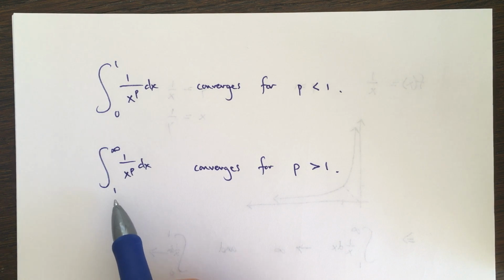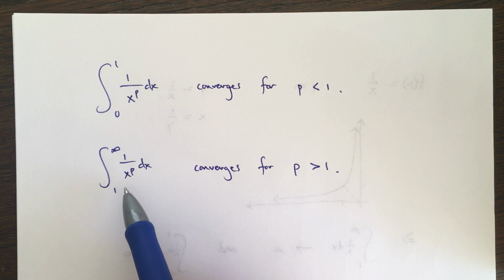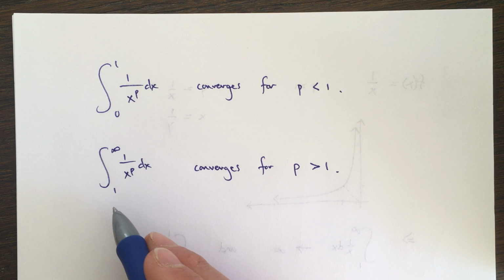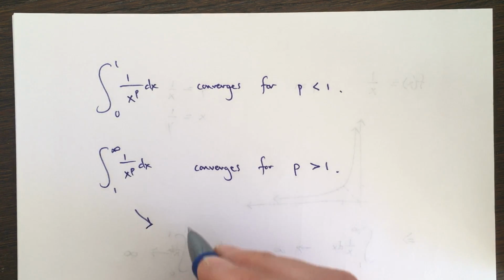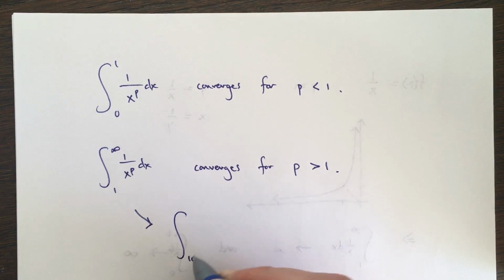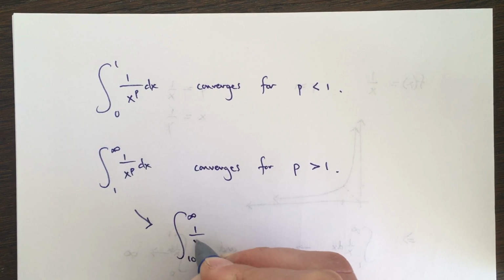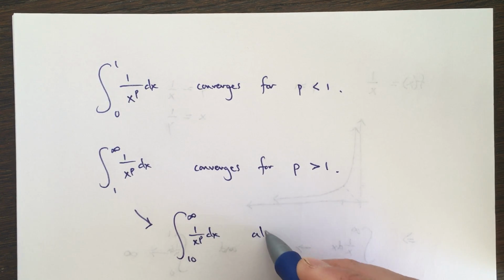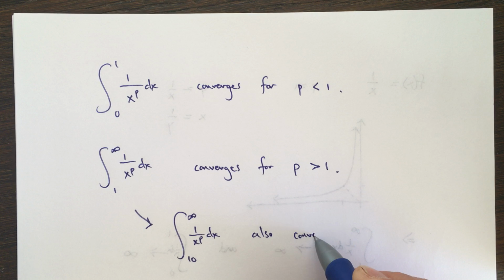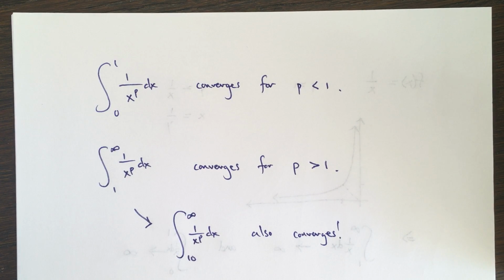And for something like this, it really doesn't matter where we start. Because if I start, say, at 10, that will also converge because I'm just basically getting rid of a finite amount from 1 to 10.